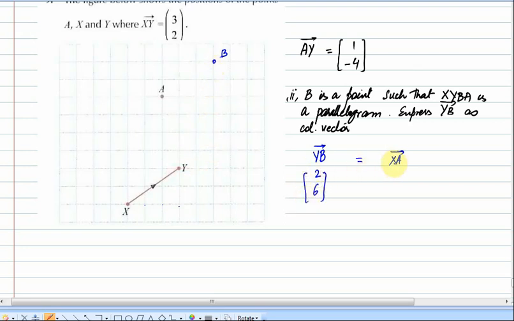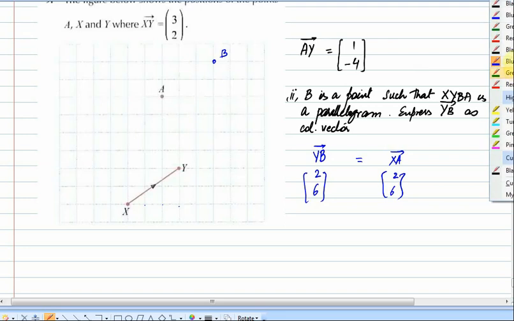You can counter check by finding the vector of XA, 1, 2 and 1, 2, 3, 4, 5, 6. So YB must be equal to XA because we are dealing with the parallelogram. The YB is (2, 6).